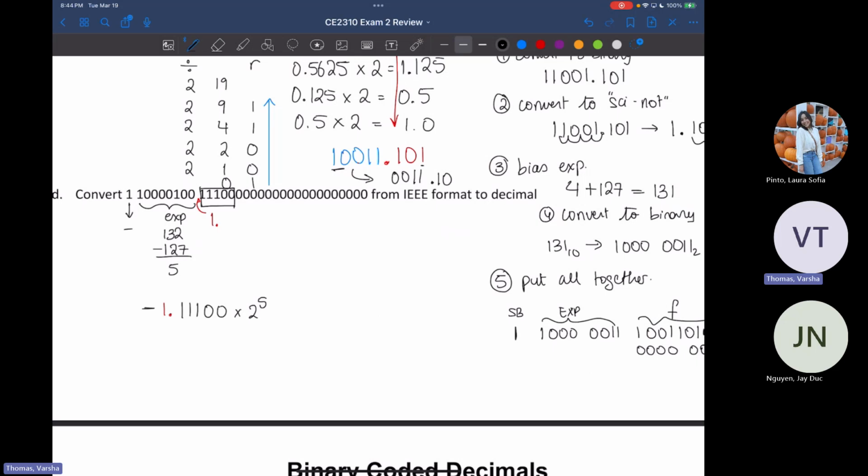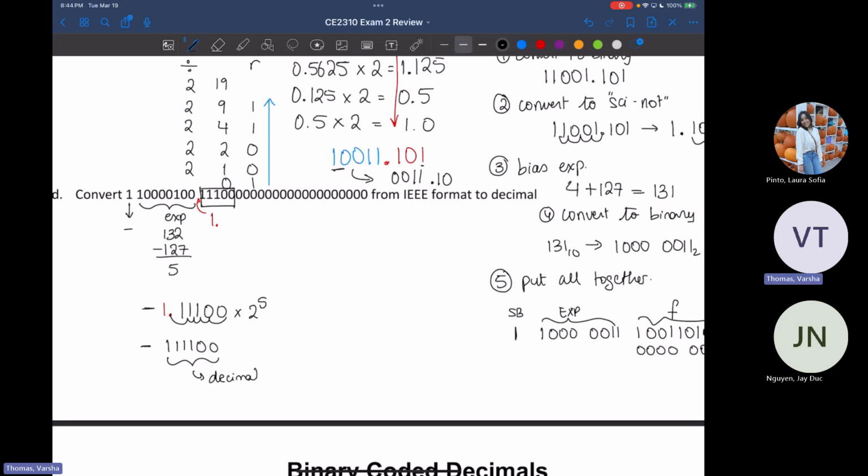In order for us to get this into a proper binary number, we're going to remove the scientific notation and move the decimal over. So 1, 2, 3, 4, 5. So we have 1, 1, 1, 0, 0. I'm going to put the negative sign up front, and you're just going to figure out what the value of this is in decimal.